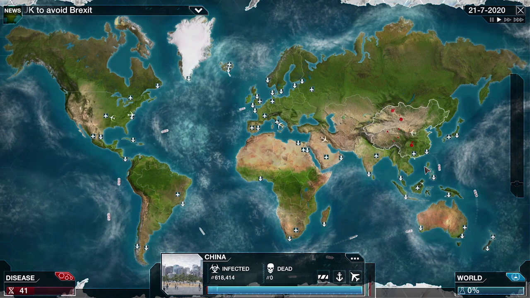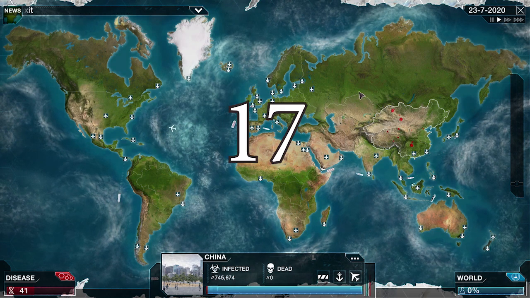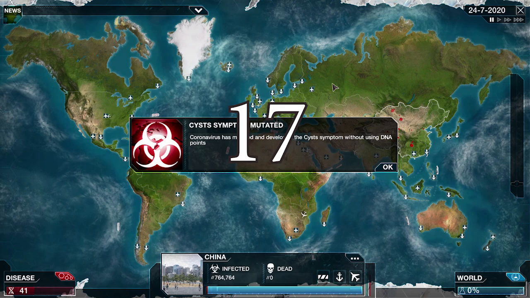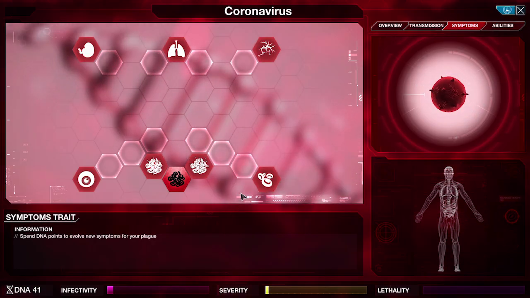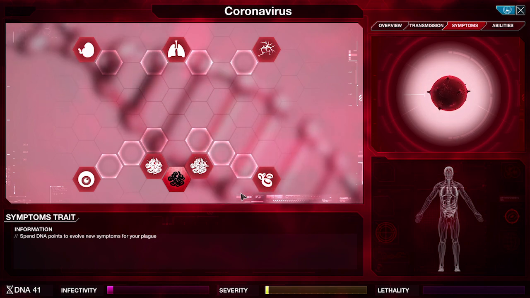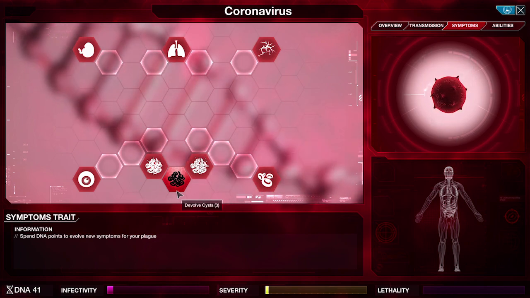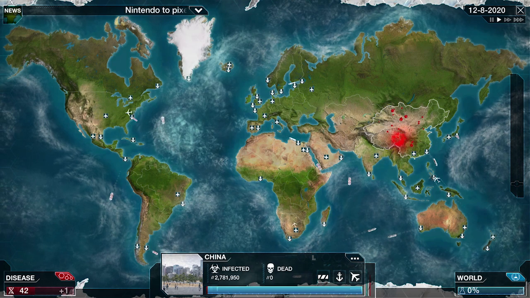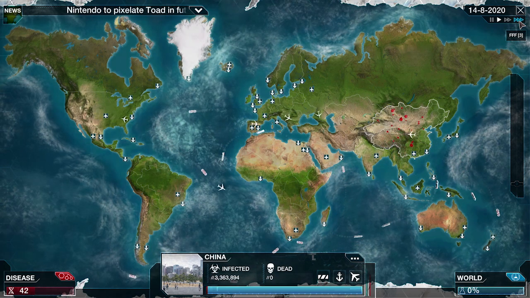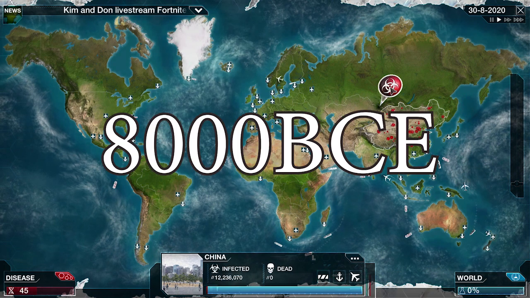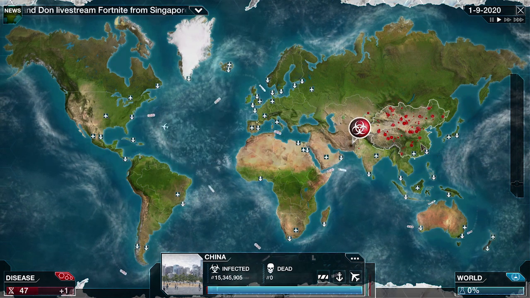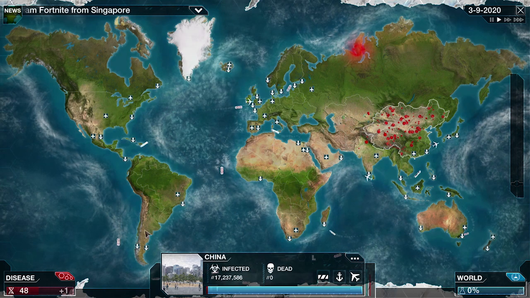Currently, family Coronaviridae has 17 different strains within it, 10 of which primarily affect animals, and 7 of which affect humans. And the coronavirus family isn't really a new thing. Coronaviruses have existed since about 8,000 BCE. So they've been around for a while.